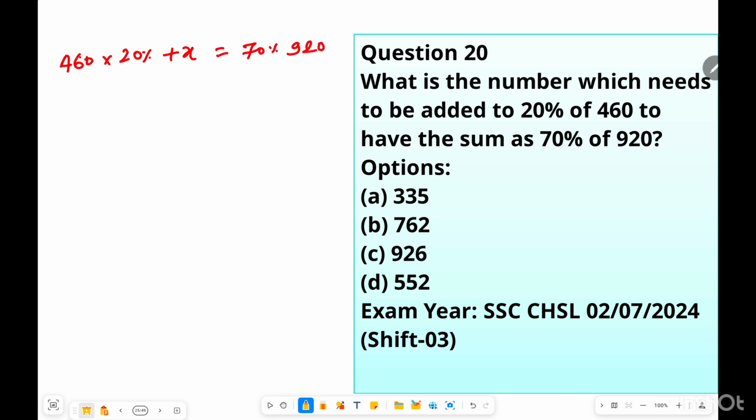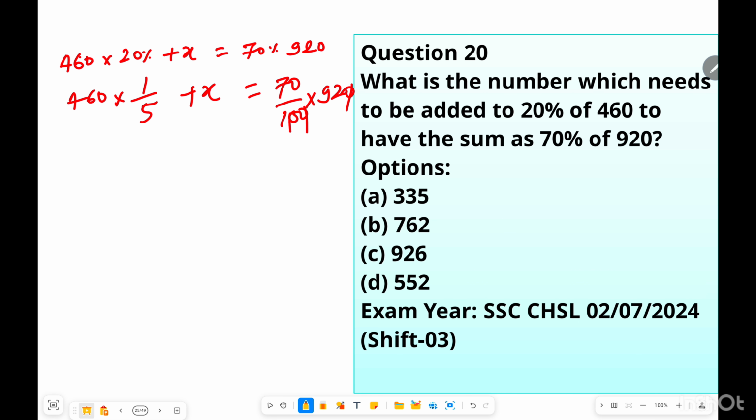So if you do it in a proper way, 460 in fraction value is 1 upon 5, plus x, and then 70 over 100 times 920, right?